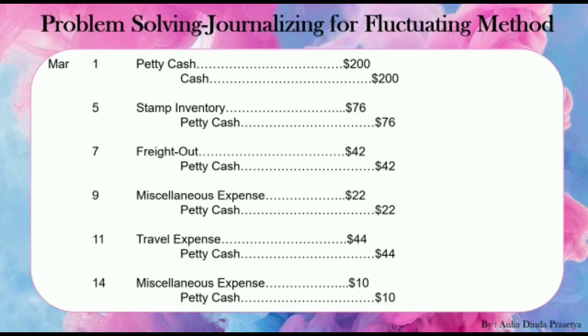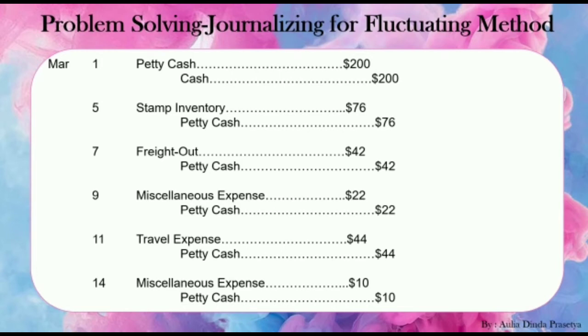And next, for journal on March 5, 7, 9, 11, and 14 is the journal for all the transactions that happened on March. So, in fluctuating method, the journal should be prepared when the transaction happened.